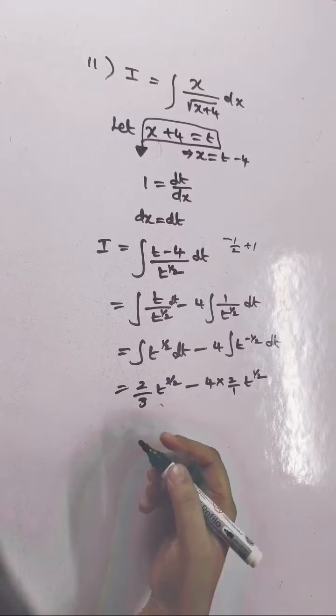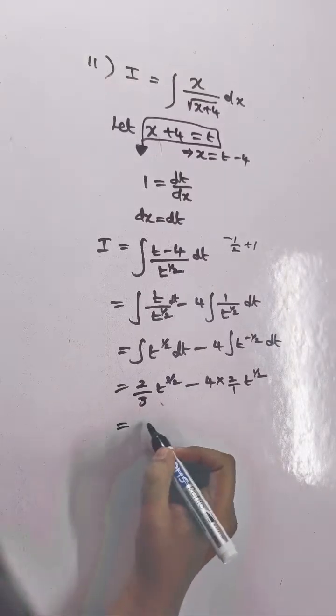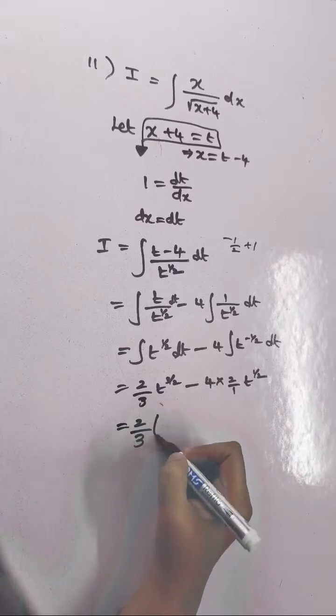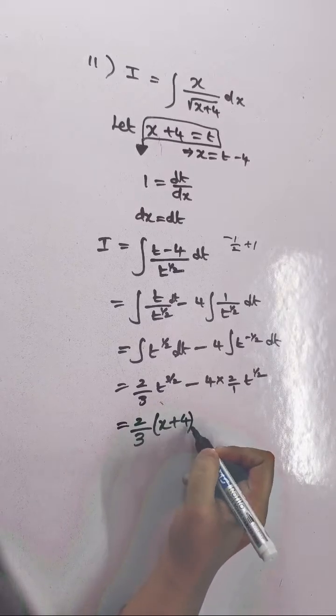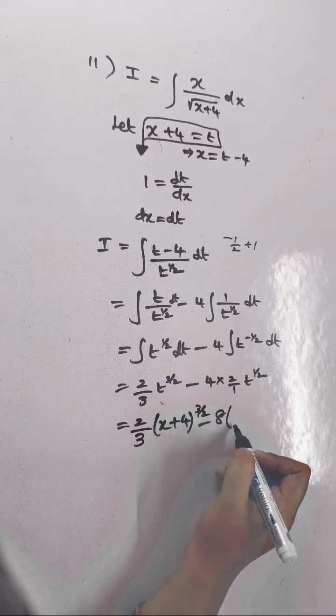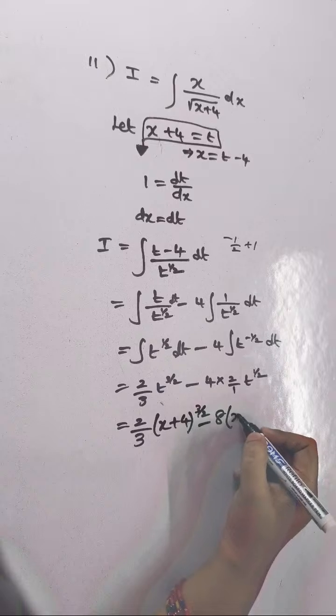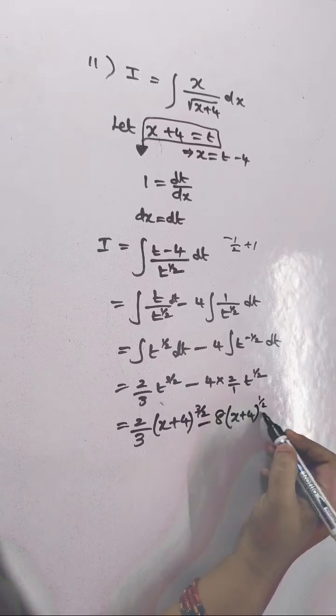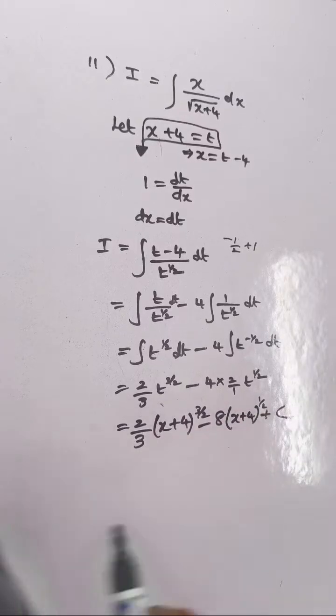Now that becomes 2 by 3, t is x plus 4, power 3 by 2, minus 4 twos are 8, t is x plus 4, power half, plus c. This is the final answer.